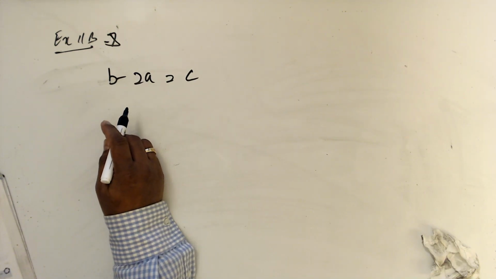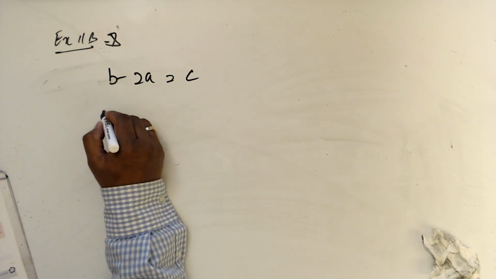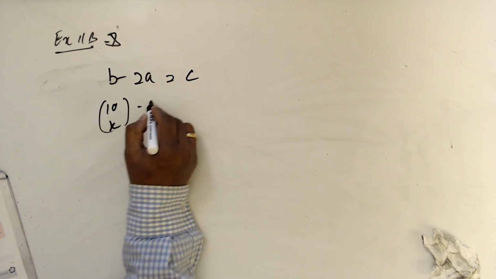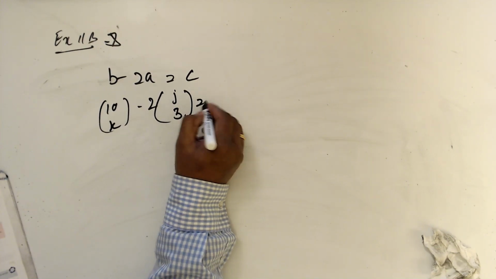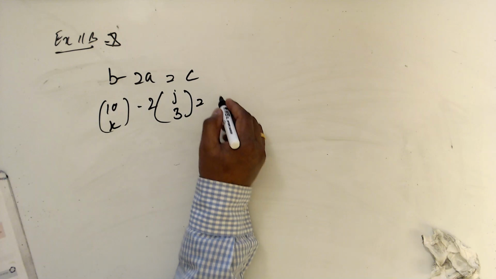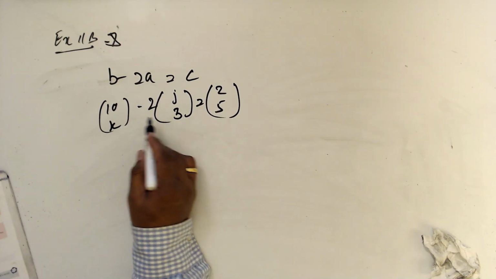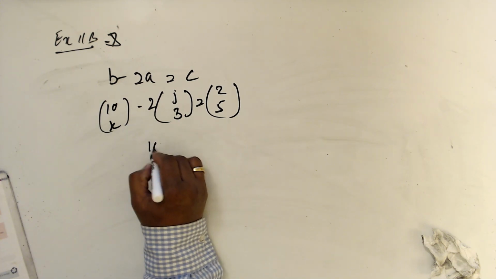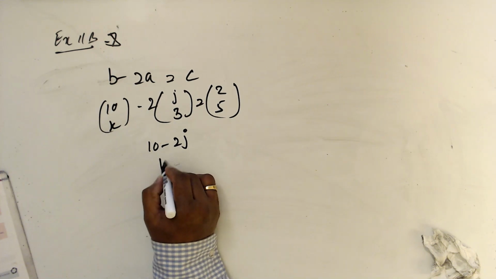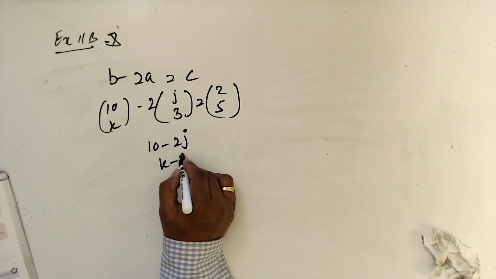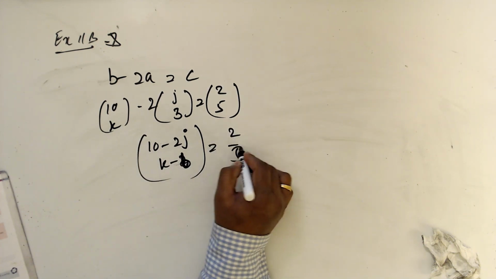Question number 8. So simply we apply this equation: 10i minus 2j, k minus 6, should be equal to 2, 5.